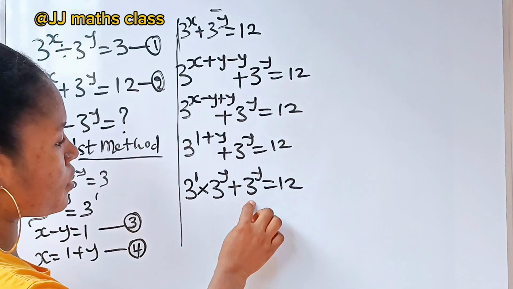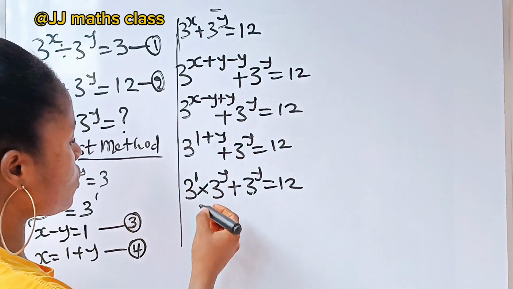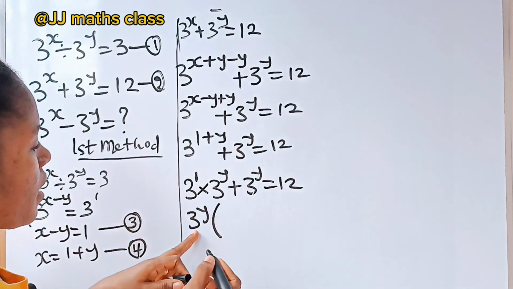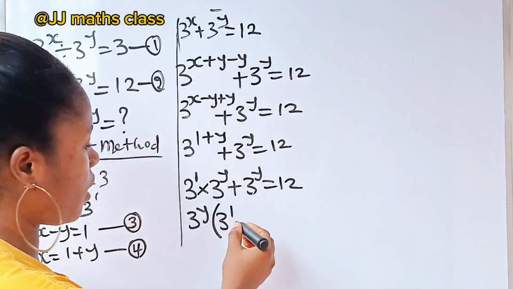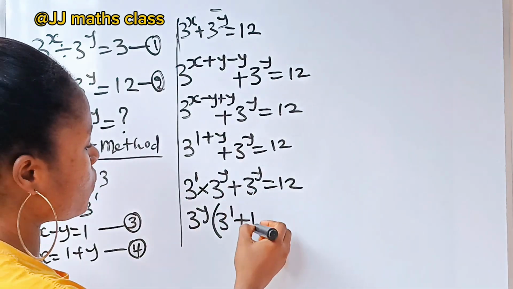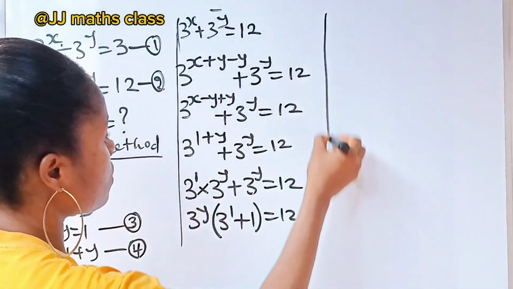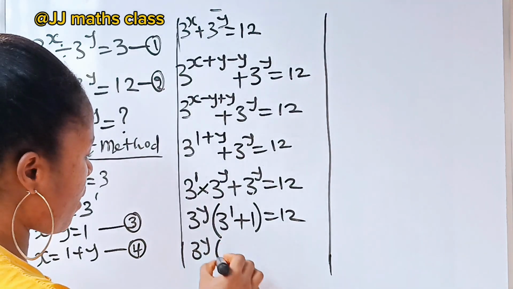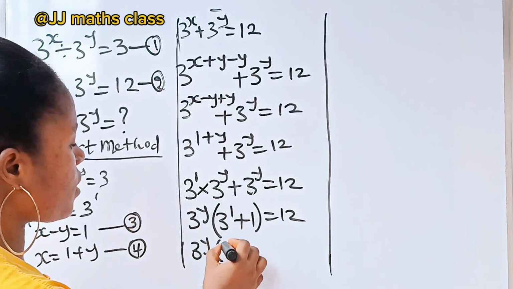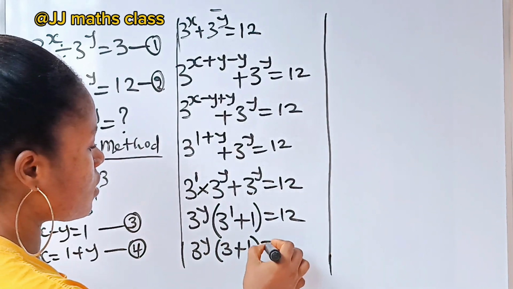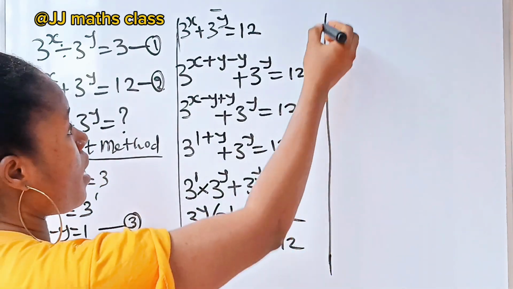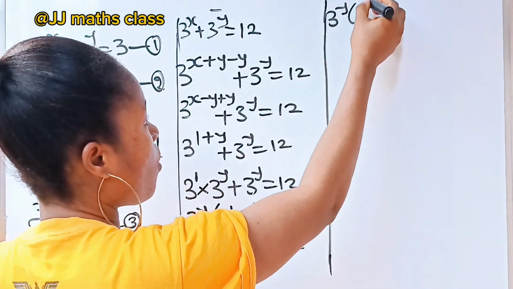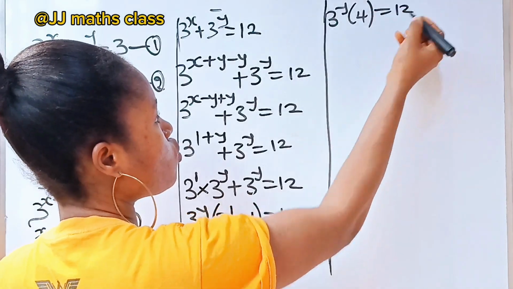So we are going to write 3 to the power of y, we open brackets. When this is divided by this, we have 3 to the power of 1. Plus, when this is divided by this, we have 1, is equal to 12. So we have 3 to the power of y, bracket, now 3 to the power of 1 is 3, plus 1, is equal to 12. So from here, we have that 3 to the power of y, bracket 4, is equal to 12.